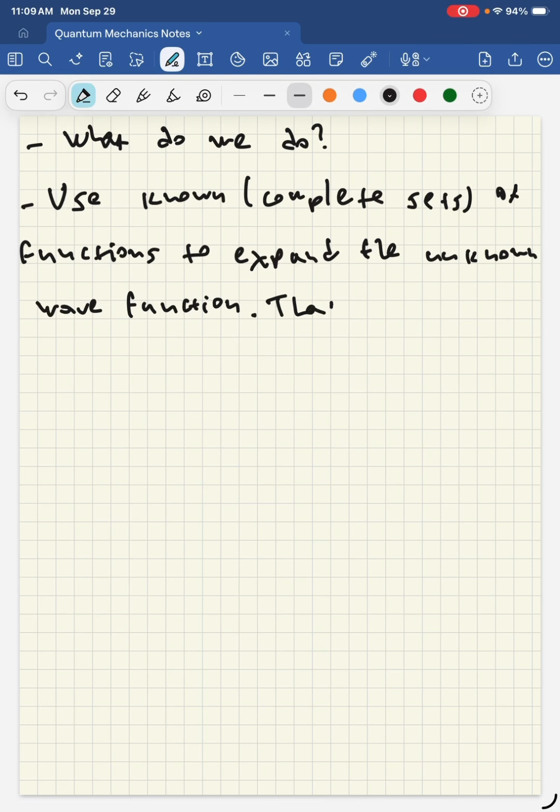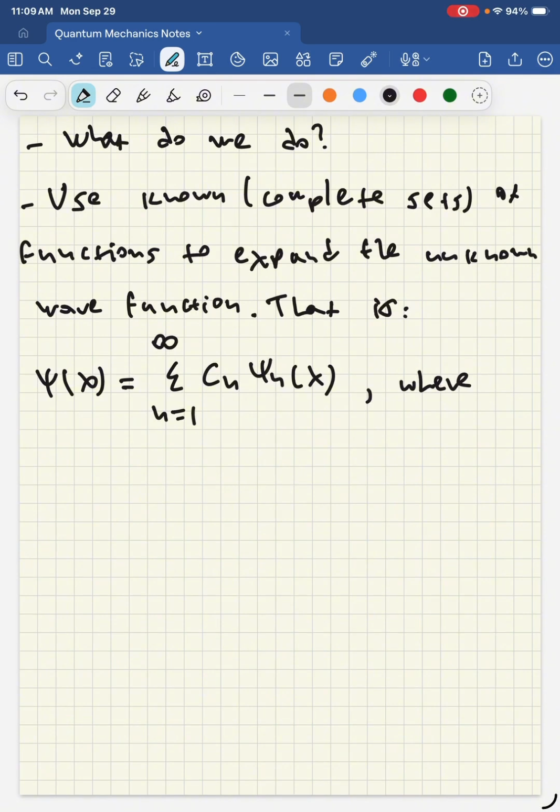That is, we expand psi of x, the wave function that we are trying to find, in an expansion that goes from 1 to infinity of some coefficients c_n that we need to find times psi_n of x, where psi_n of x are square integrable functions, as we will see.